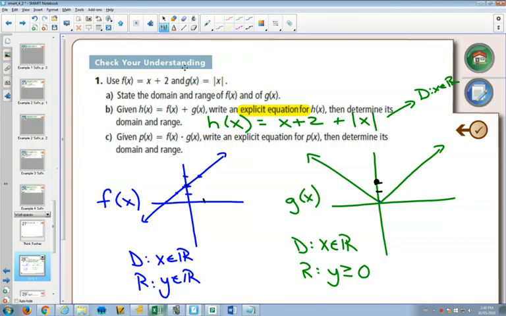I've got 1, 3 and 1, 1. So on here, I would have the point 1, 4. Does that make sense? Because on my green graph, I have 1, 1. On my blue graph, I've got 1, 3. So if I added those together, add my y-coordinates, I get 1, 4.